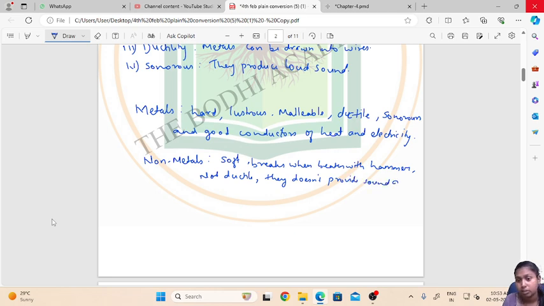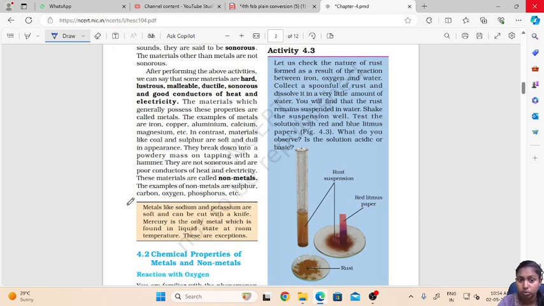And are poor conductors of heat and electricity. So these are the properties of metals and non-metals. So non-metals, materials like coal and sulfur, are soft and dull in appearance. They break down into powdery mass on tapping with a hammer. They are not sonorous. They are poor conductors of heat and electricity. These materials are called non-metals.